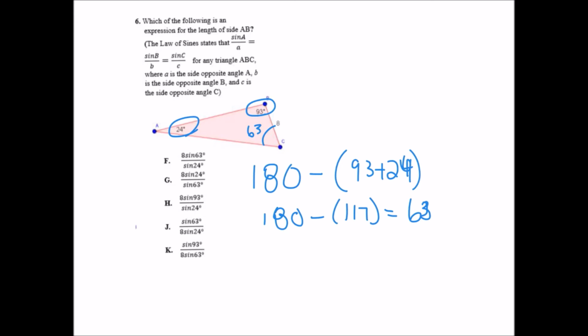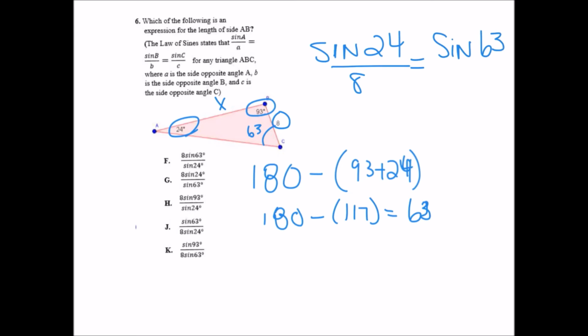At this point, we've got ourselves an algebra problem here, because what we don't know is this side right here. But we do know the measure of this side. So if we look at it that way, then we would say the sine of 24 over 8, that's this guy right here, equals the sine of 63, which we just found, over x, the thing that we don't know.